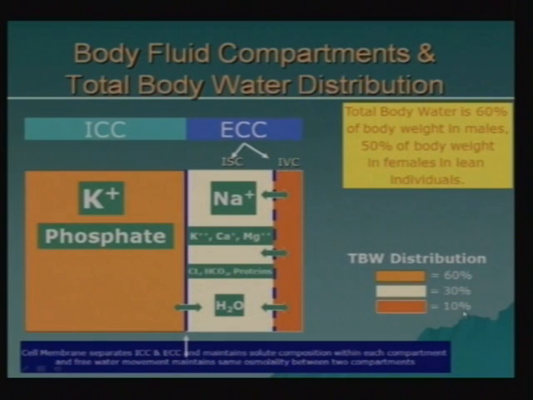Out of that, only 10% is in the intravascular compartment and 30% in the interstitial compartment. So I hope that I have made it very clear that you remember this membrane. This membrane has a very vital importance to maintain the integrity of the cell, to maintain the interior of the body.